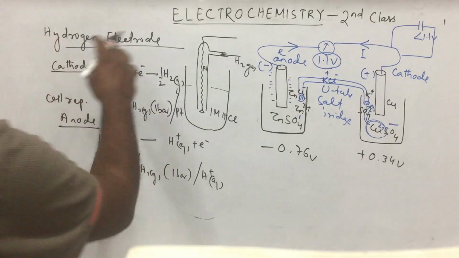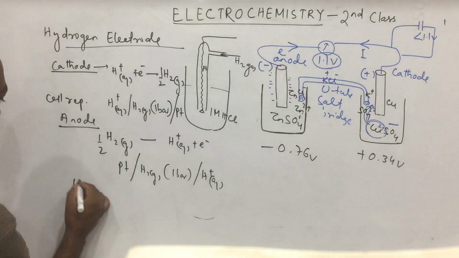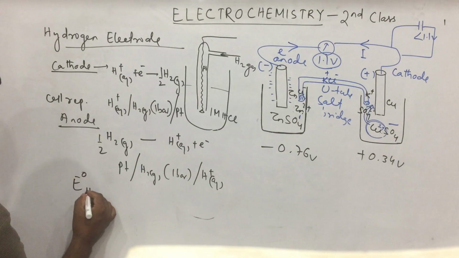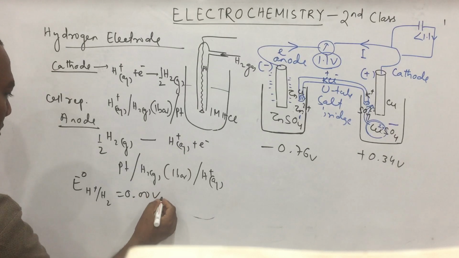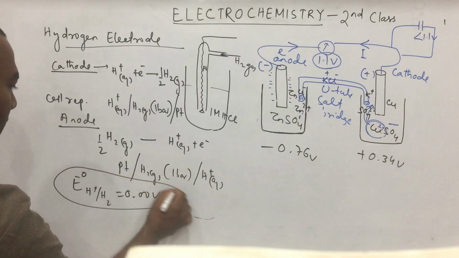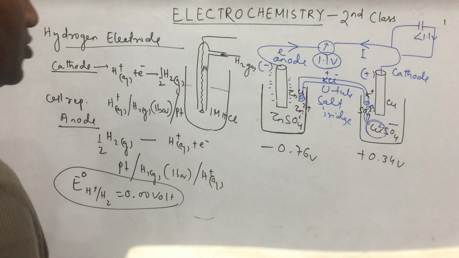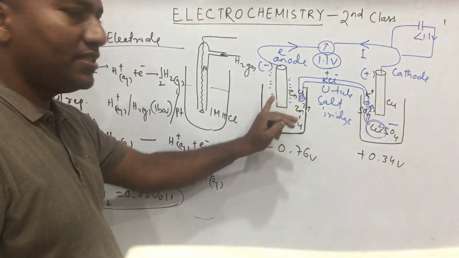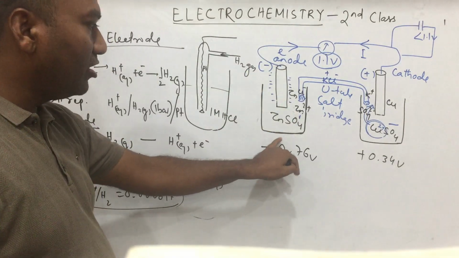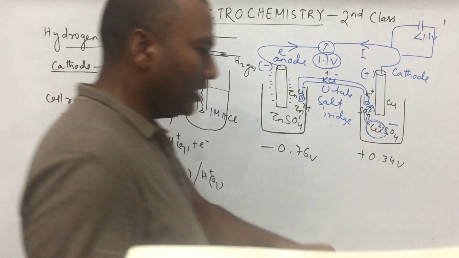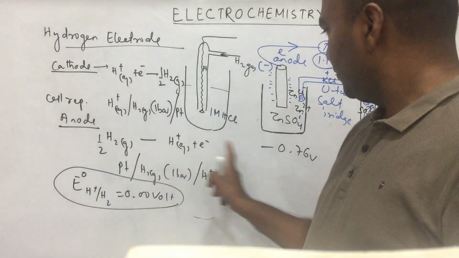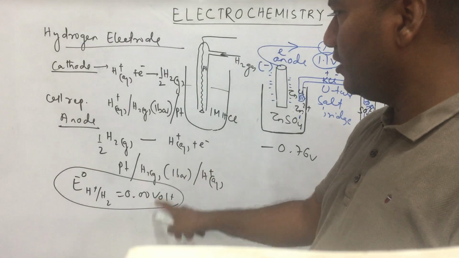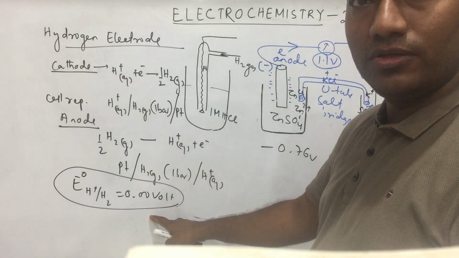And what is its electrode potential value? Its value for H plus slash H2 is 0.00 volt. Suppose zinc is present on this side. Zinc's value is minus 0.76. Hydrogen's value is 0.